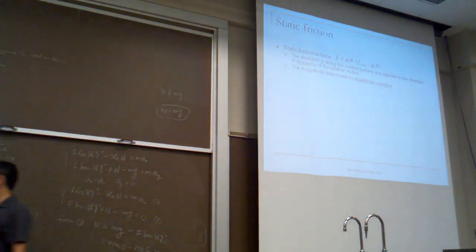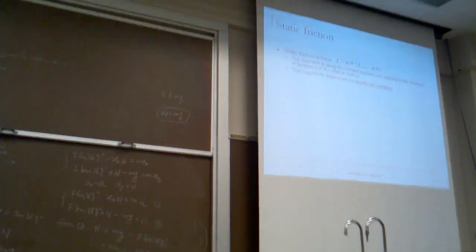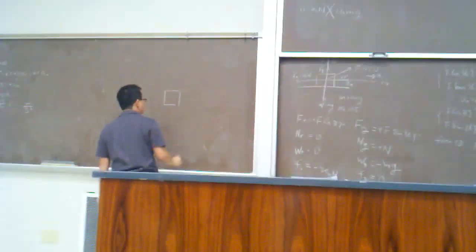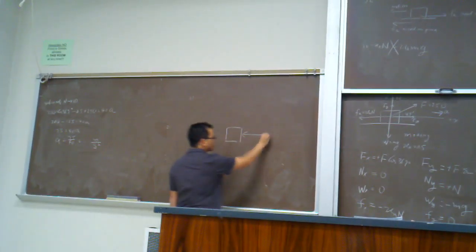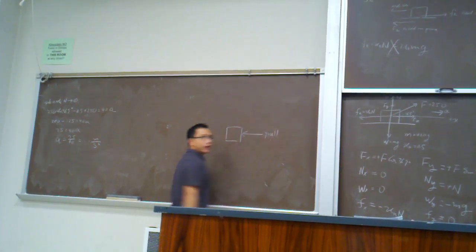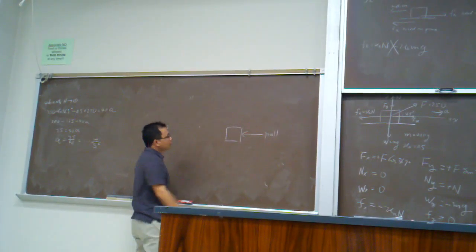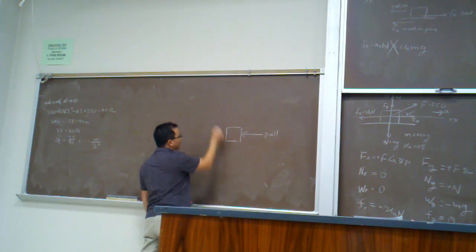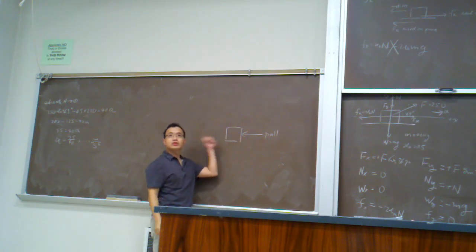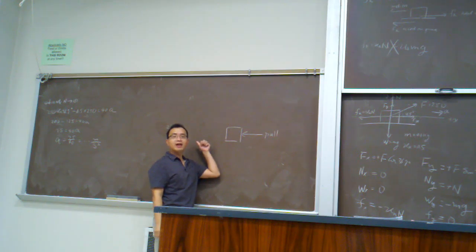In some simple situations, you know how to do it. If you try to push the object in this direction, you are trying to make it move in this direction. Even if you don't really have motion, you have the tendency in this direction.